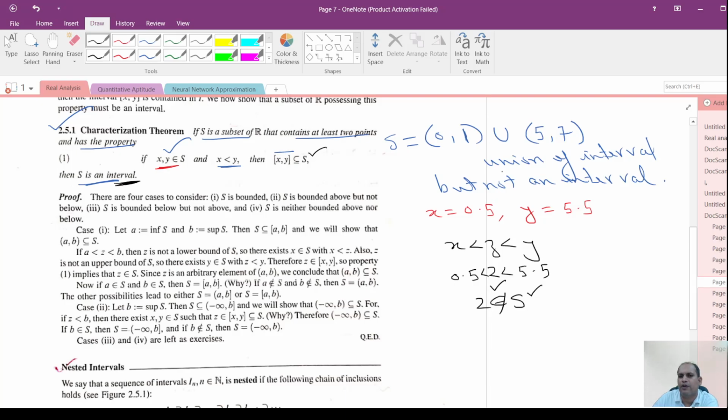So, this is a union of intervals, remember, but not an interval.